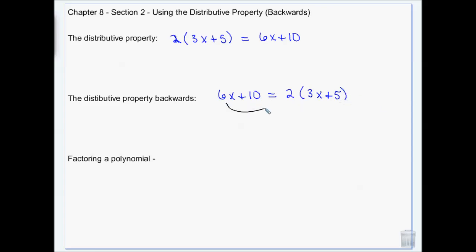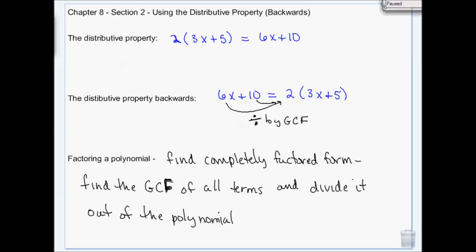And so what I'm doing is I'm dividing each of these by the greatest common factor. So we're doing the distributive property backwards. We're pulling out instead of multiplying in. Okay, when a polynomial is completely factored, we've found the GCF of all of the terms and we've pulled it out. We've divided each term by that and we bring it out to the outside of the parentheses like this.